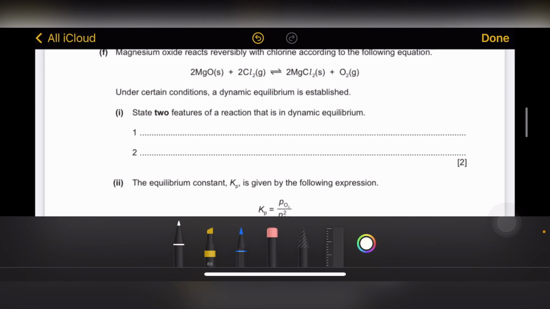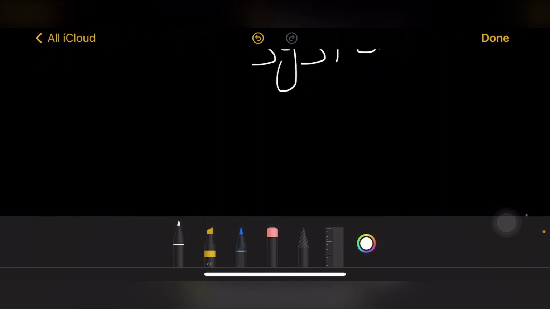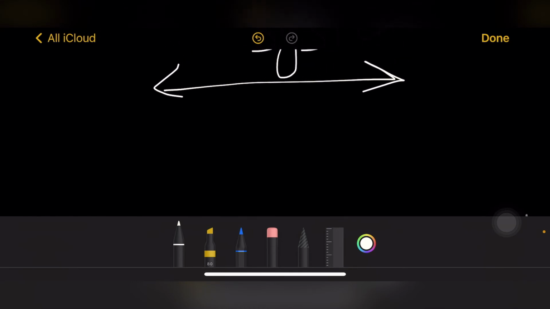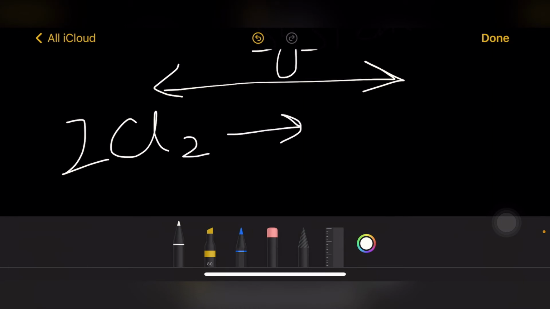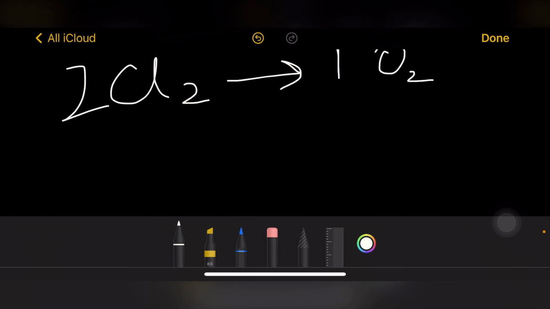So why don't we take 2 Cl2 and 1 O2? It says that at equilibrium 70% has reacted, which means 30% is left.